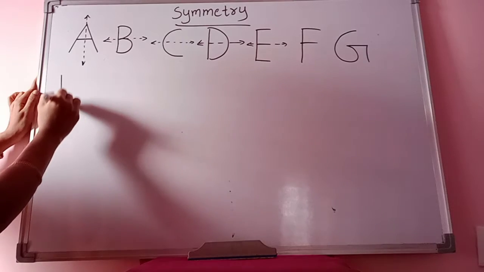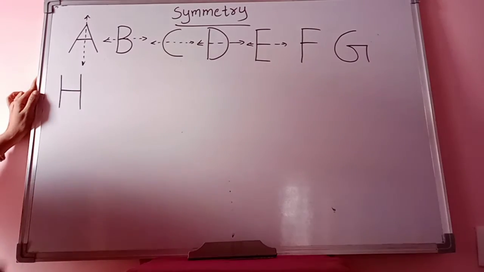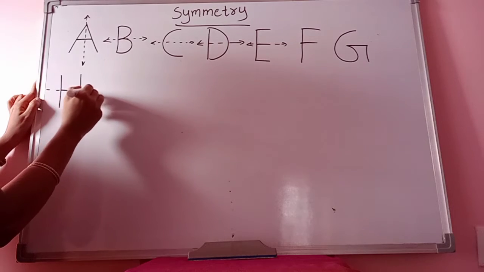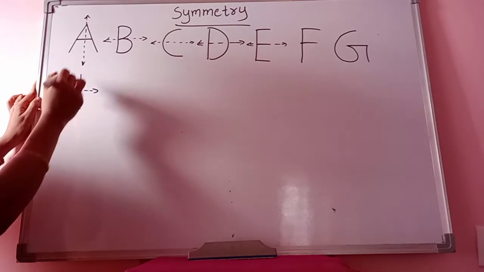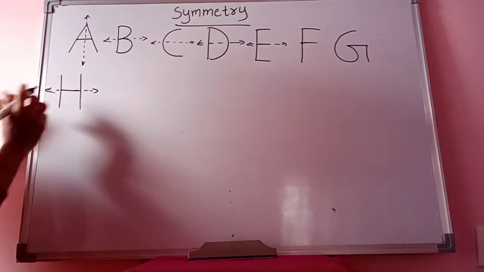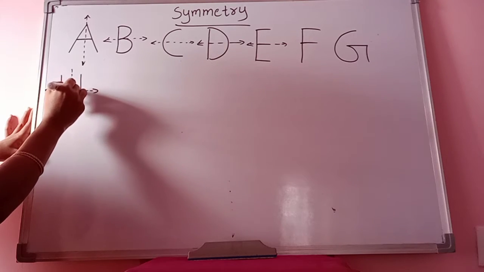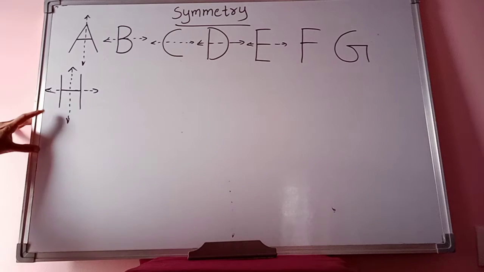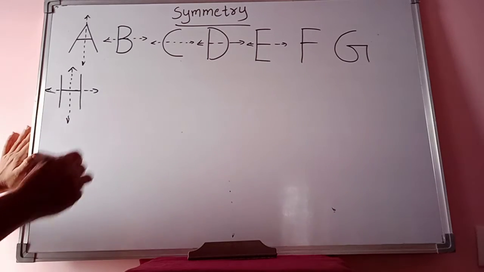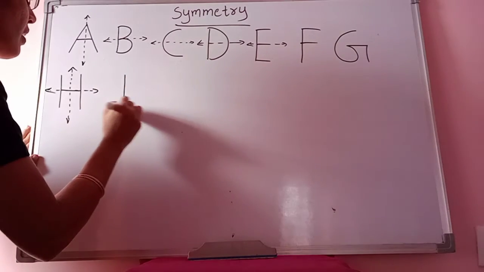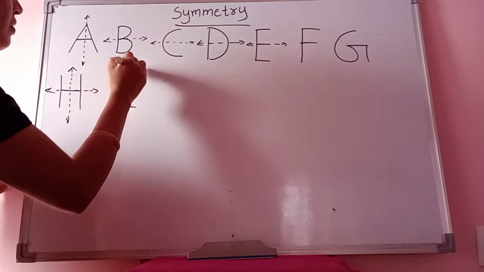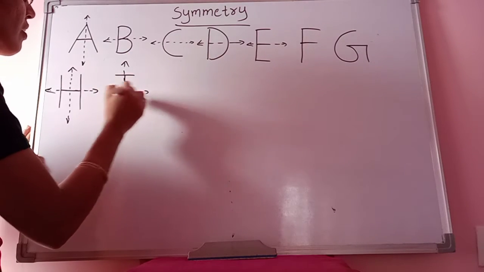But if you consider the letter H, it has symmetry horizontally. Both the parts will match. Even vertically, if you fold, both the parts will match. It has two lines of symmetry. Letter I, yes, vertical as well as horizontal.